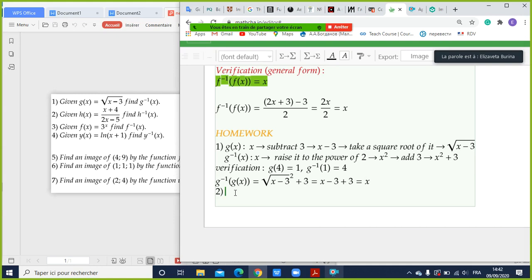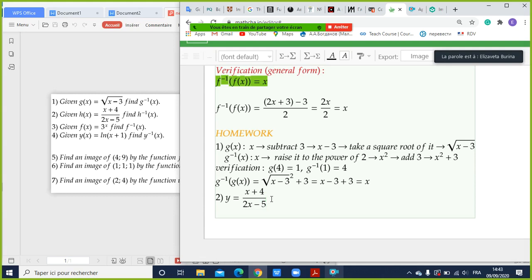Let's apply the same logic as we used last time to do Celsius Fahrenheit. So I'm gonna take the letter y, it doesn't matter. y equals this fraction, x plus 4 over 2x minus 5.